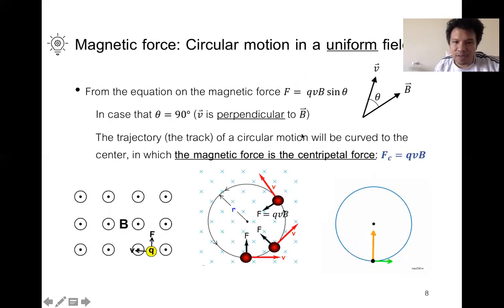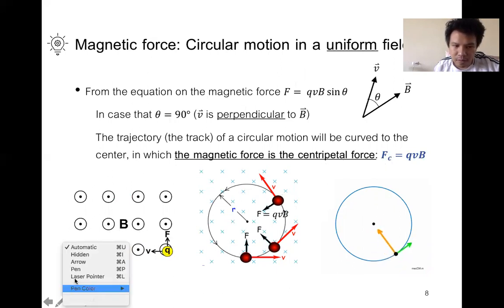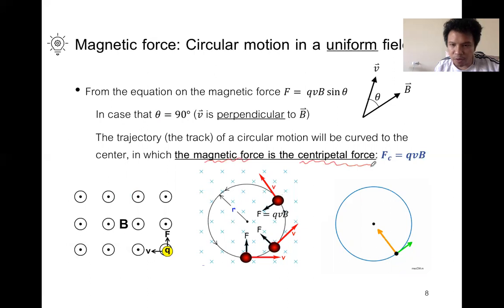For this circular motion, the magnetic force will become the centripetal force, or this magnetic force from QVB will have the direction that points to the center always.